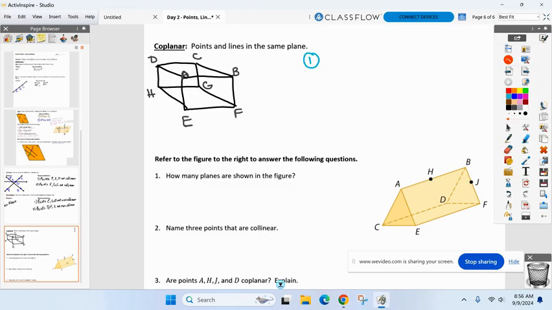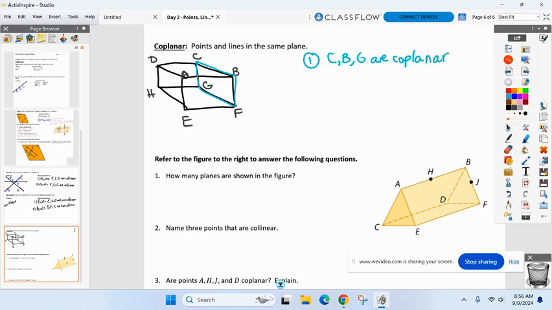Madison, give me 3 letters from your plane. E, C, B, G. Okay, so your plane was this one over here to our right, correct? Perfect. Take 3 of them and you've got coplanar. I'm going to use Madison's, which was C, B, G. C, B, G are coplanar.